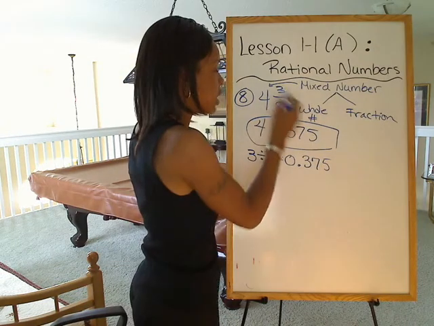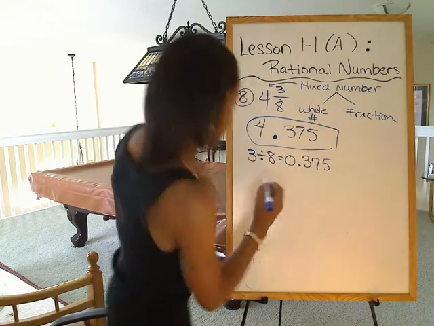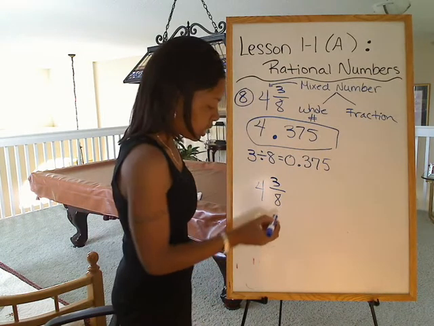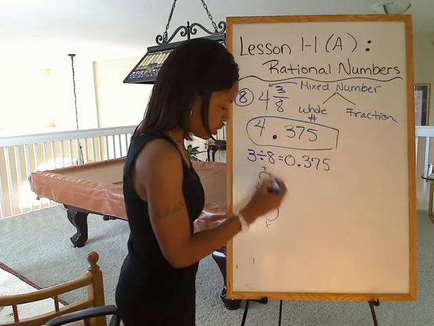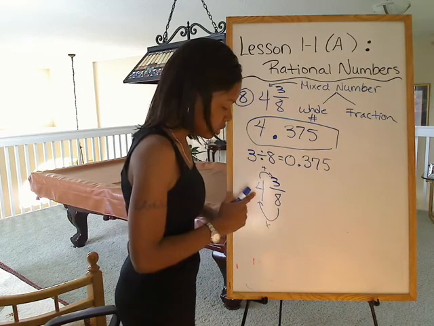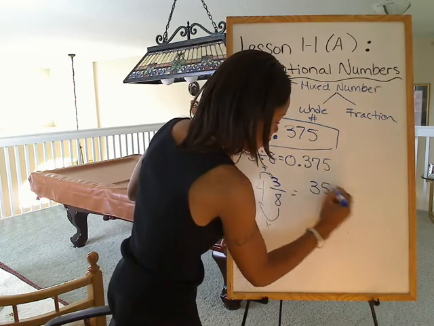Now, if you have to change this, there's a different way you can do it. You can change 4 3/8 to an improper fraction, which is how you do this. You do multiplication, and then you do addition. So you do 8 times 4, which is 32. 32 plus 3 equals 35.